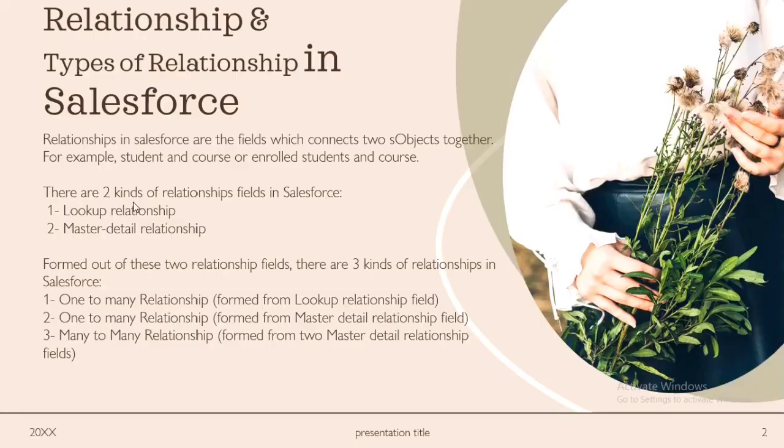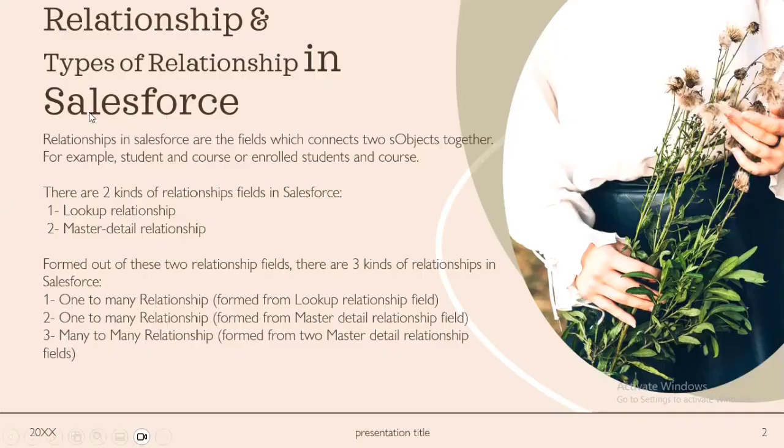Similarly, we can create a lookup field also. First of all, choose which is my child and which is my parent. So if my child is a student, I'll go to the student record and create a lookup field with the name course. So student becomes my child and course becomes my parent.